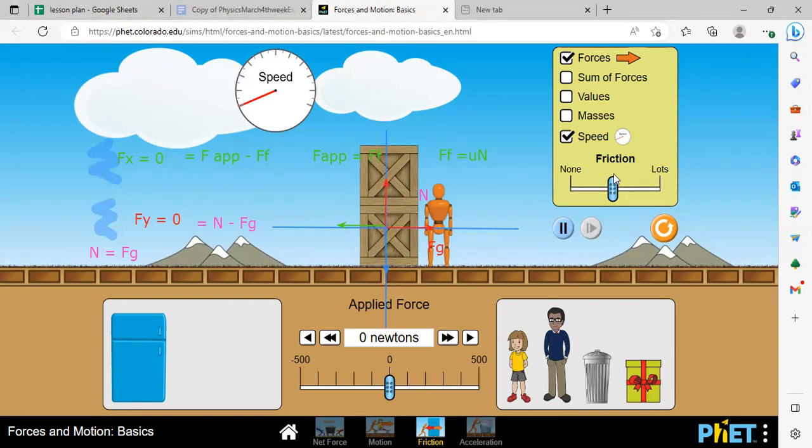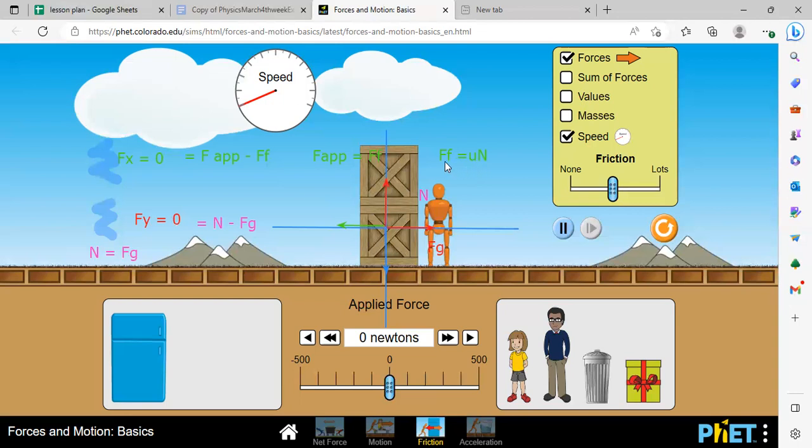So, pag may problem ka that has frictional force, katulad nung experiment nyo nung isang week. So, if weight is given, the mass is given, you can calculate for the normal force. Therefore, you can calculate for the frictional force kung given yung coefficient of static friction.